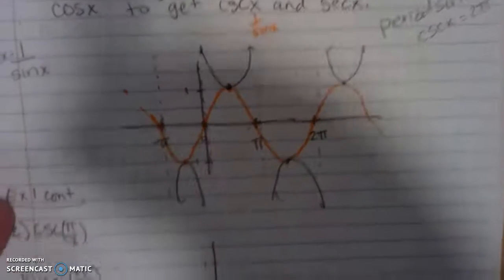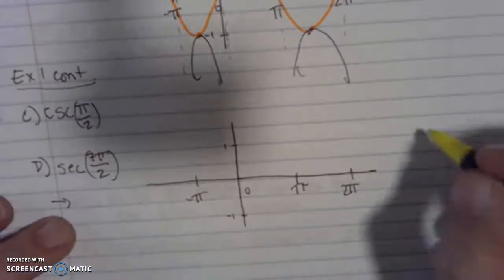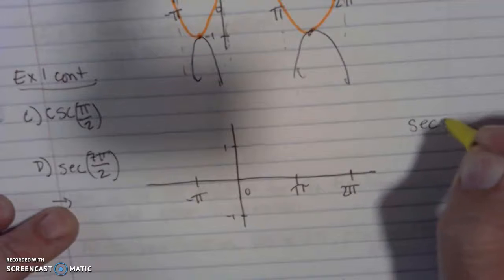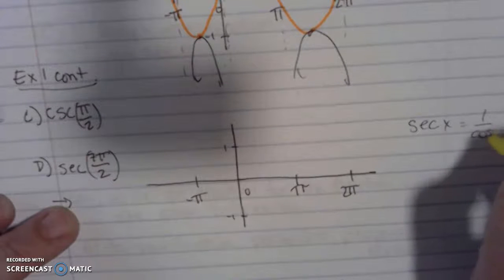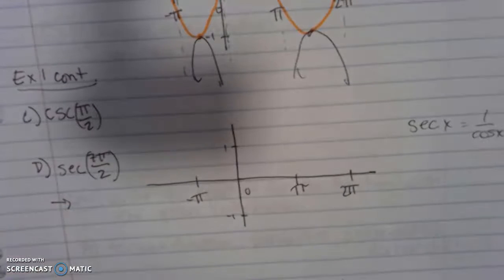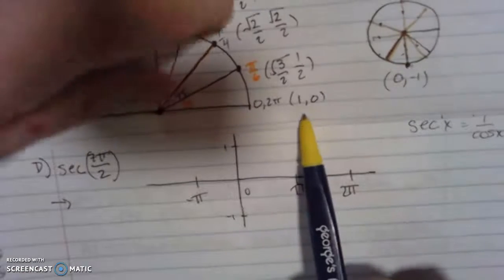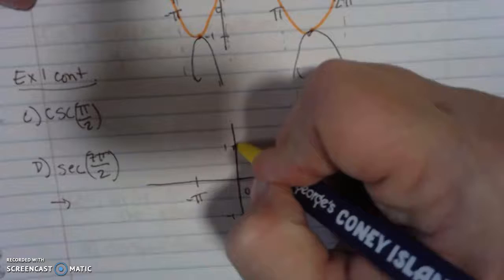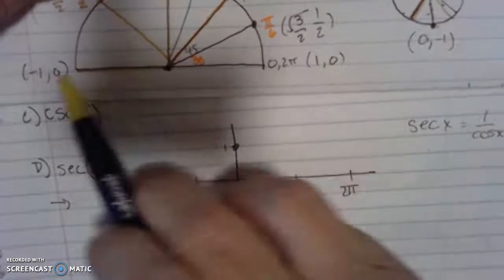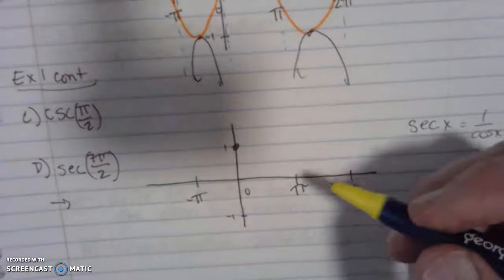And then secant is going to be the same idea. Secant x is 1 over cosine x. So we're going to graph cosine first. And we can see that cosine of 0 is 1. Cosine of pi is -1.